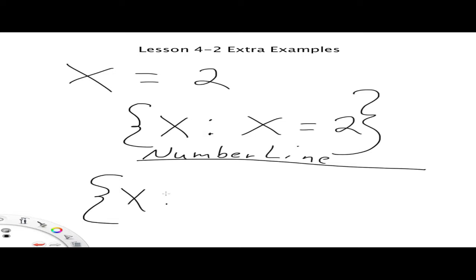the set of all x, y such that x equals 3.